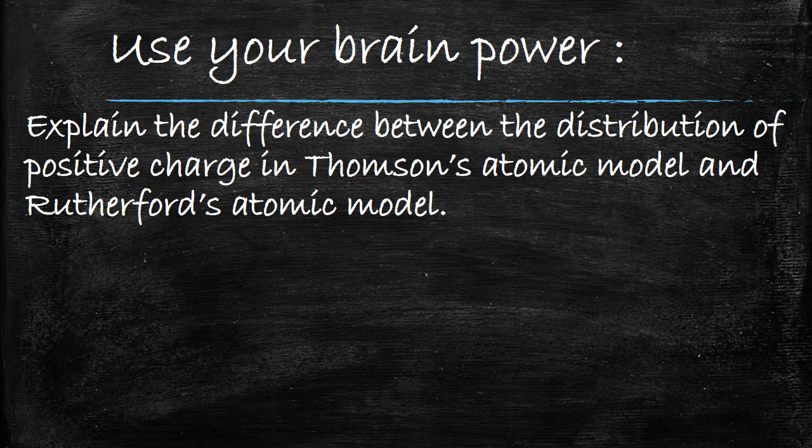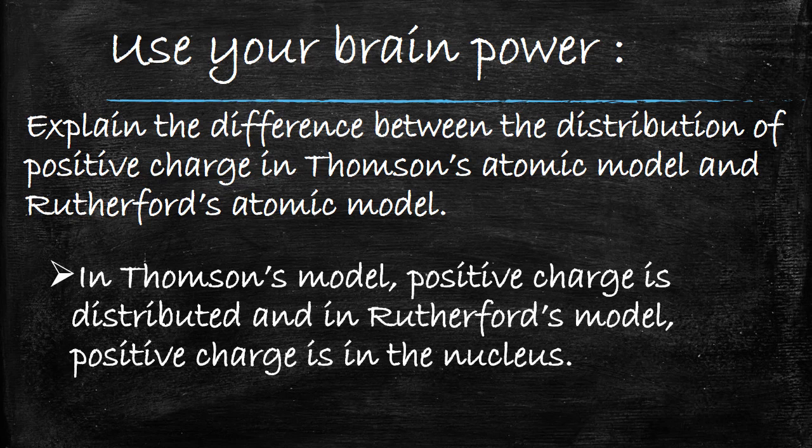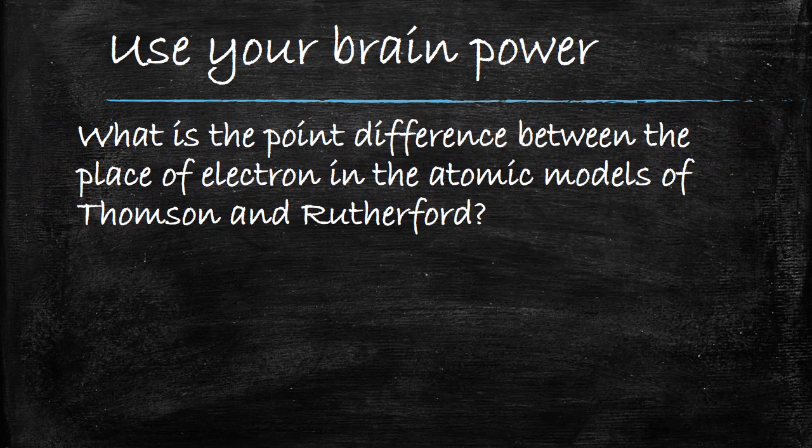Explain the difference between the distribution of positive charge in Thomson's atomic model and Rutherford's atomic model. In Thomson's atomic model, positive charge is distributed, and in Rutherford's model, positive charge is in the nucleus. What is the difference between the place of electrons in the atomic models of Thomson and Rutherford?